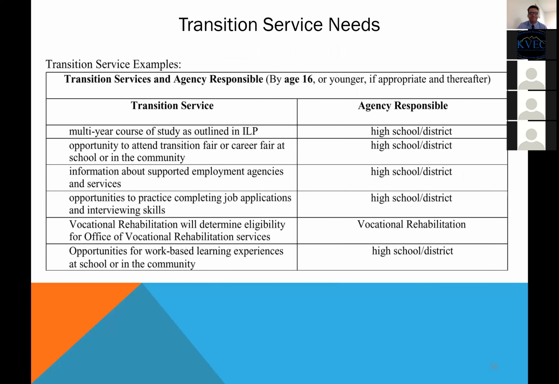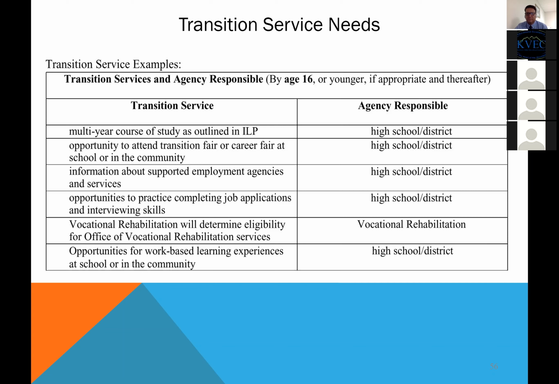So here's what I'm telling you, that you have to have that drop-down box. And sometimes we forget, when we write the post-secondary goal, to click on the post-secondary goal and write our transition services. So here are just a few examples of transition services. And as you see, all of it is agencies responsible as a high school, but you find vocational rehabilitation as one of those agencies.